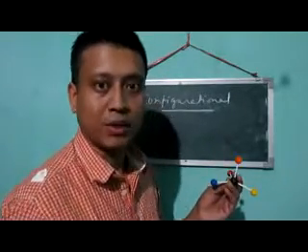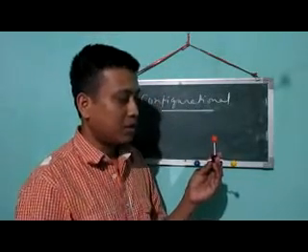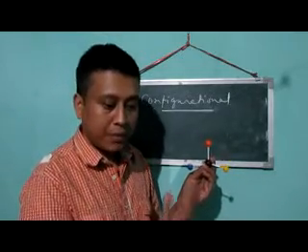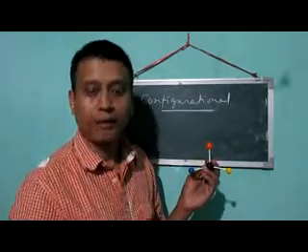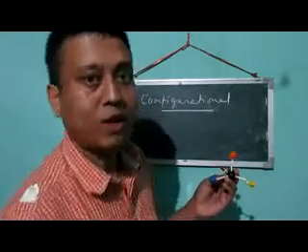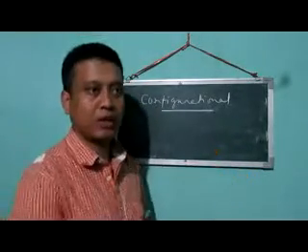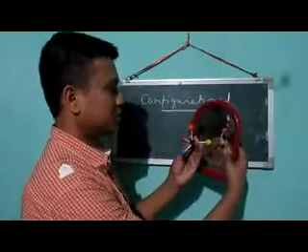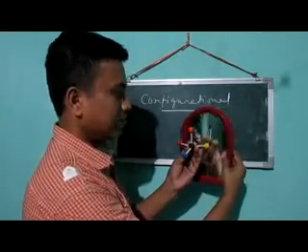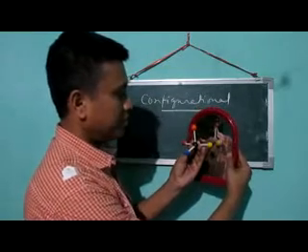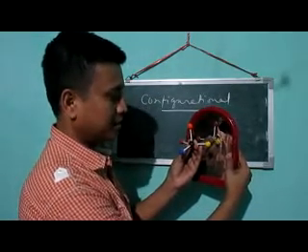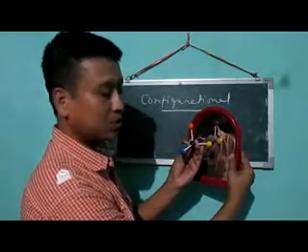So what is enantiomer? It is said that enantiomers are mirror images of each other and non-superimposable mirror images. So there are two things we have to understand. One is mirror image. What is mirror image? Suppose we have a glass mirror and we are putting this molecule here. Now in the glass, if you see, the yellow ball is on my right hand side, and a blue ball is on my left hand side.